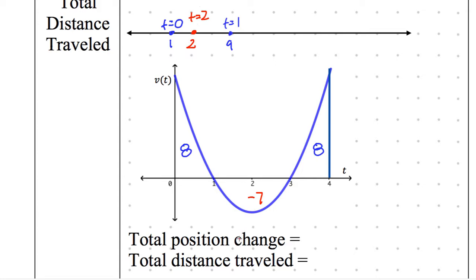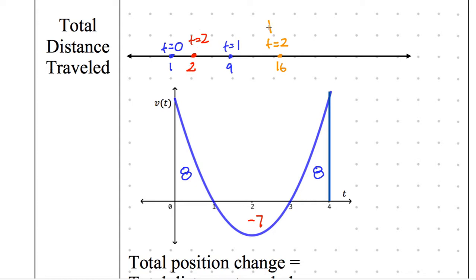It's just trying to keep track of all the distance that I've gone. So I'm actually all the way over here at, I'm going to say right about here at 16 at t equals 2, if I'm just talking about distance. So this is distance, and this is position.